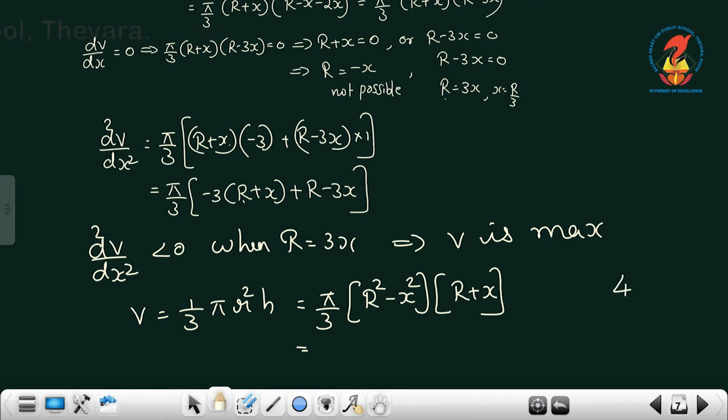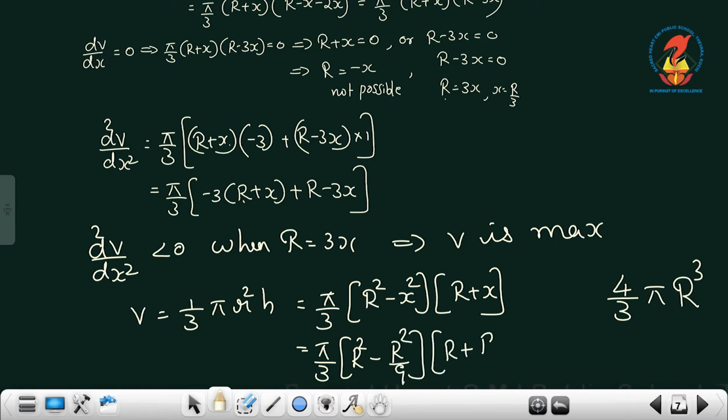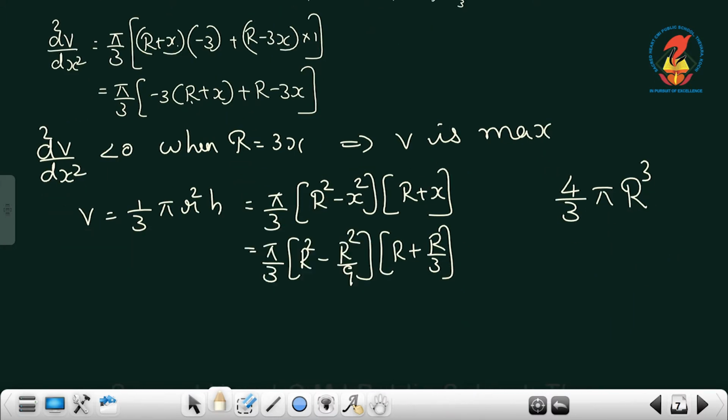Volume of the sphere means 4 by 3 pi, its radius is r cube. So in terms of capital R we have to write. So pi by 3 into, what is the value of x? X is r by 3. So r square by 9 into r plus r by 3. Okay. So pi by 3 into 8r square by 9 plus 4r by 3.